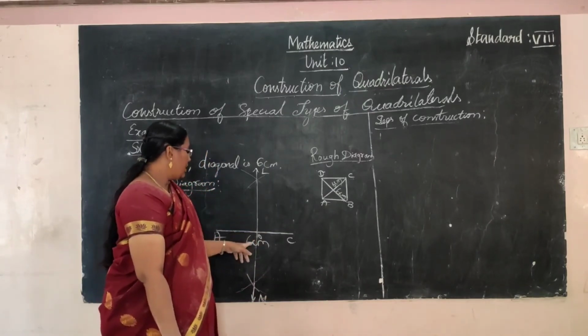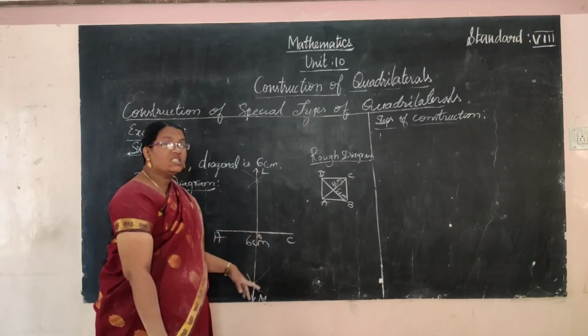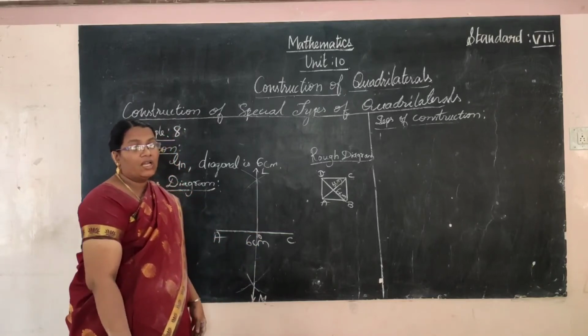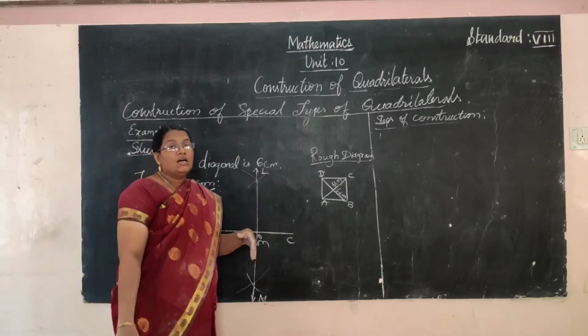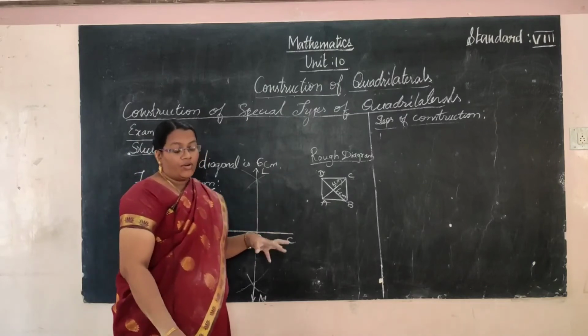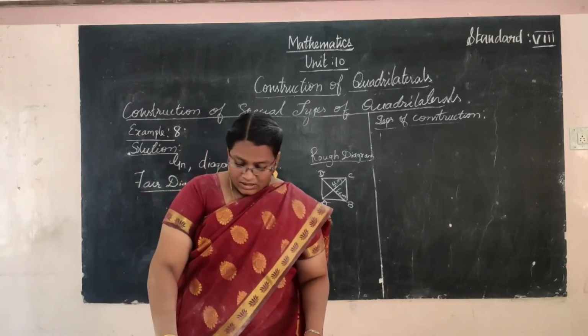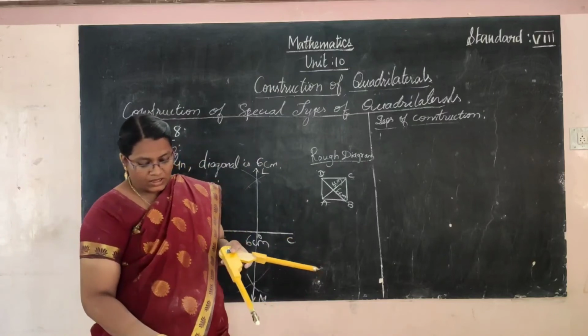Okay, O, draw the arc of radius 3 centimeter, because the diagonal's total length is 6 centimeter. So half of the diagonal we have considered to be 3 centimeter.